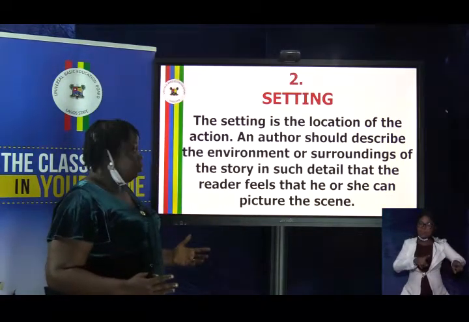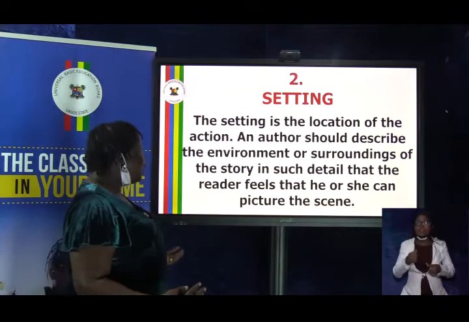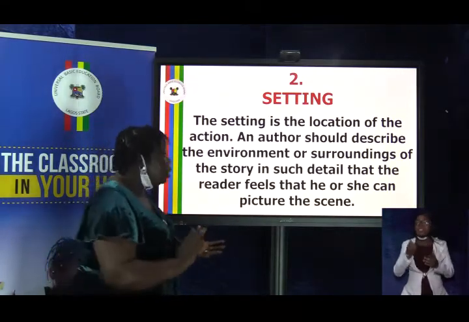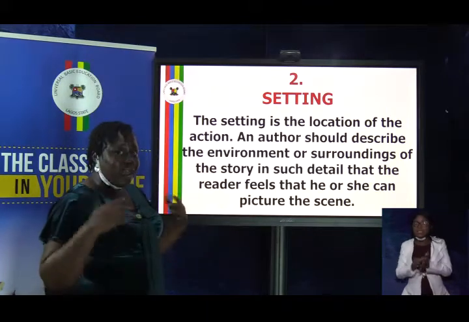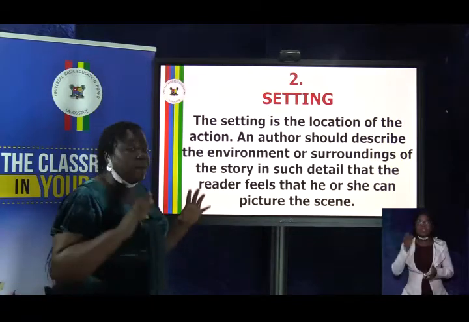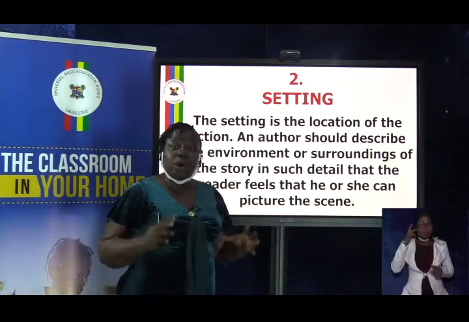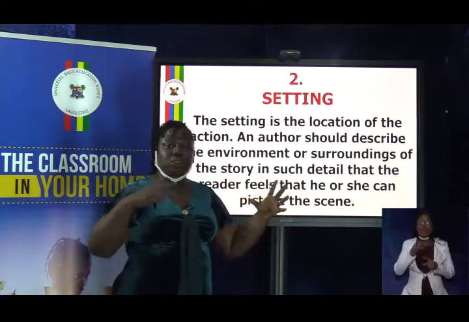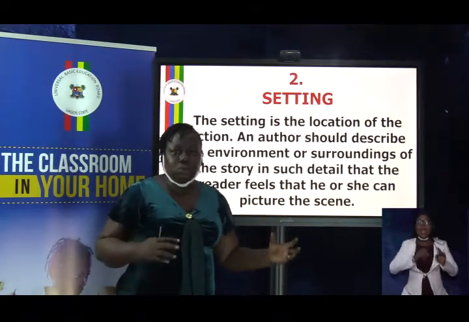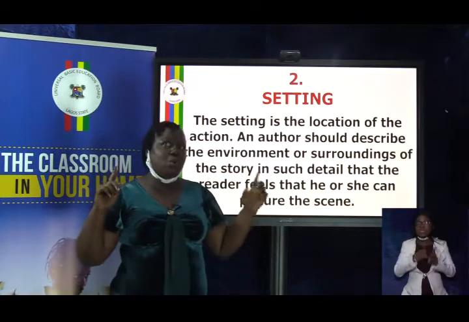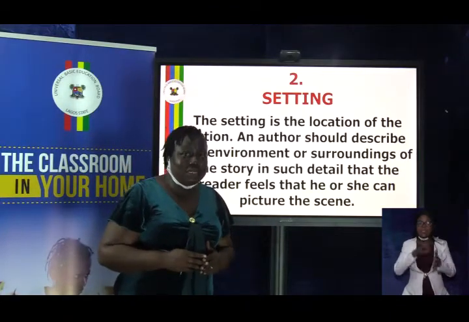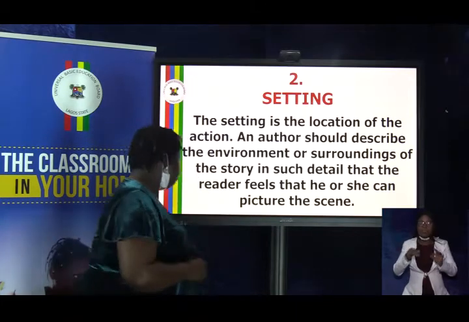An author or a storyteller should describe the environment or surrounding of the story in such detail that the person listening will feel that he or she can picture the scene. When I want to describe the setting in a story, I should be able to do it in a way that you'll be able to picture it. Oh, this is what that place should look like. That is the setting. Good.